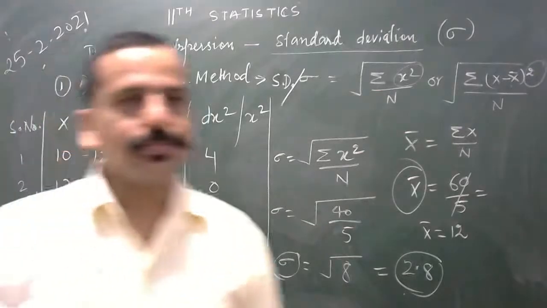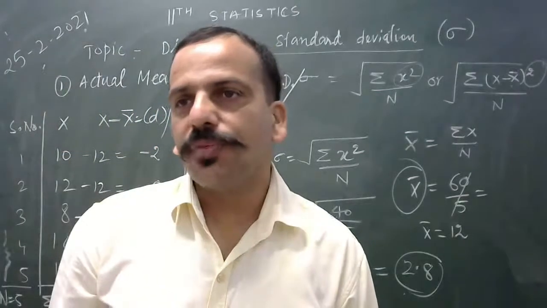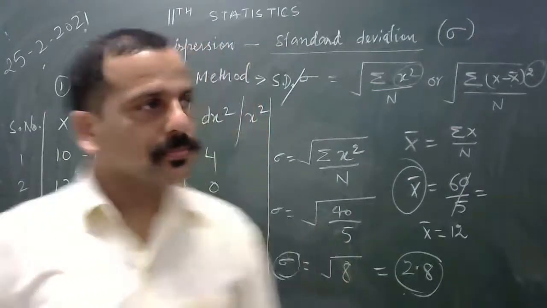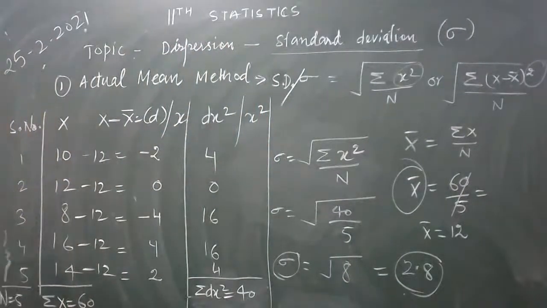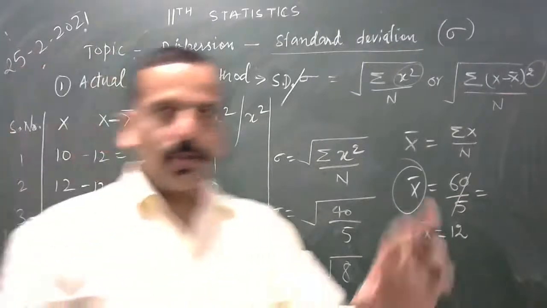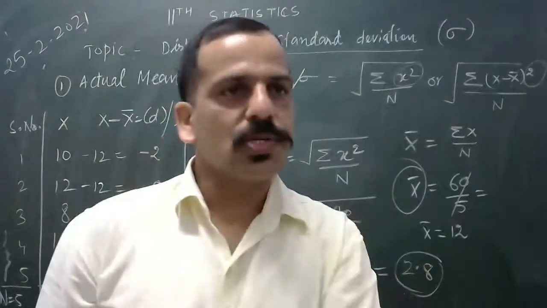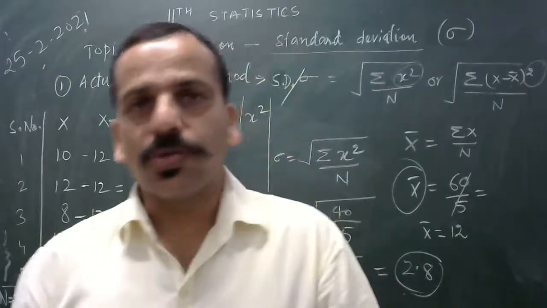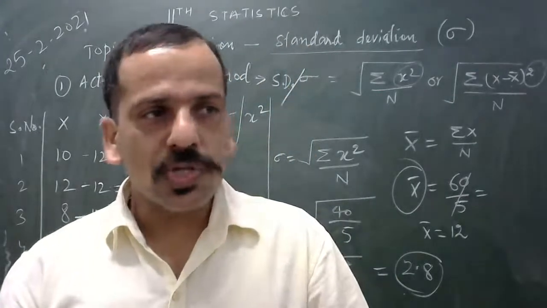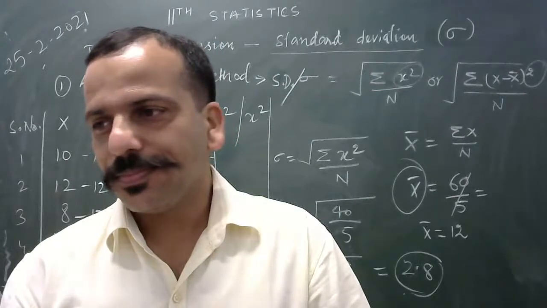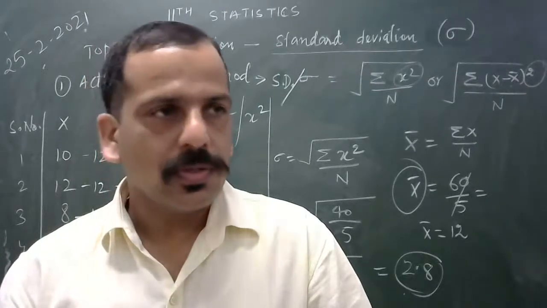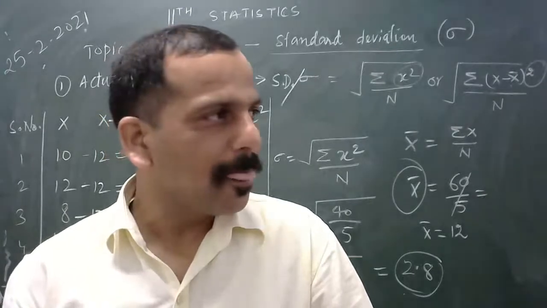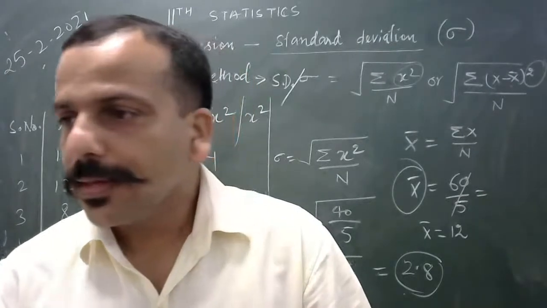Profit is given in 1000. 14,000, or write down 14. Okay, 1,000 in numbers, 14 means 14,000. Then 10,000, 10; 12,000, 12; 8.